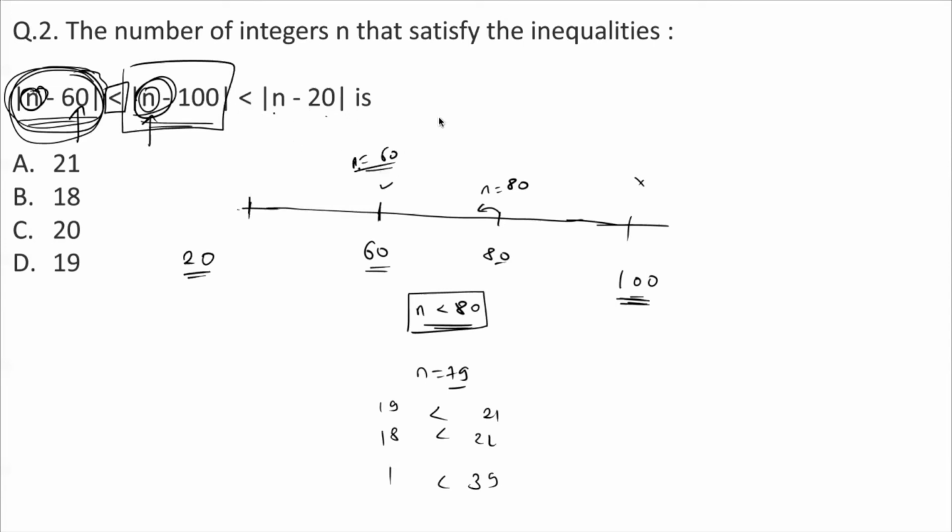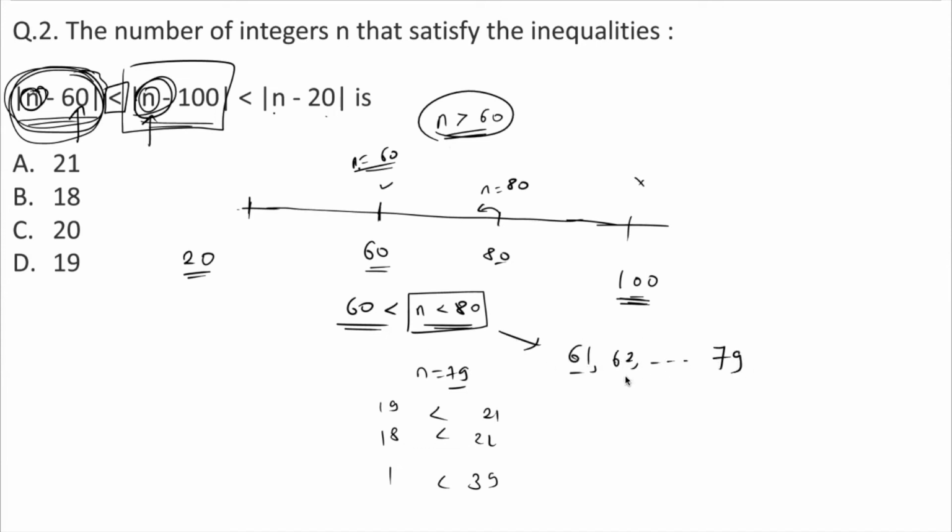That means n should be greater than 60. That's the second condition we get. Now, when we combine these two conditions, n should be greater than 60 but less than 80. The integers we require for n are 61, 62, 63, up till 79.